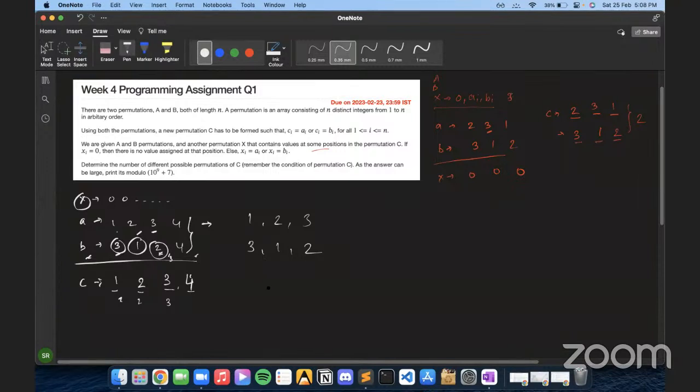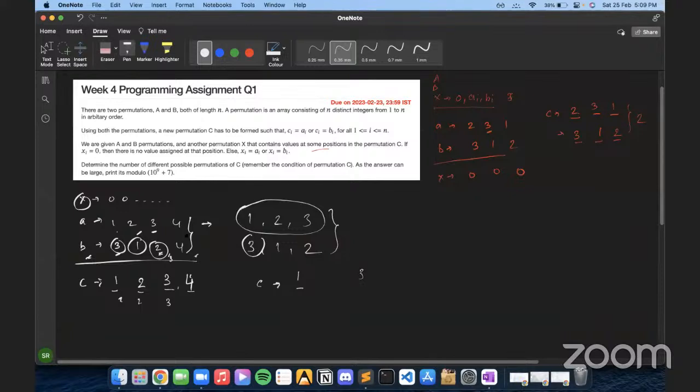So what you can observe is that for this group of elements 1, 2, 3, if in C we fix, like here we fixed 1, then for the next, wherever 3 occurs, we have to fix 3 over there.